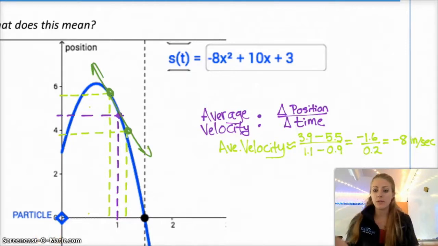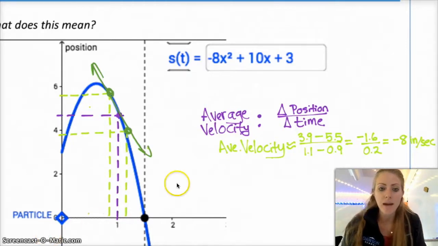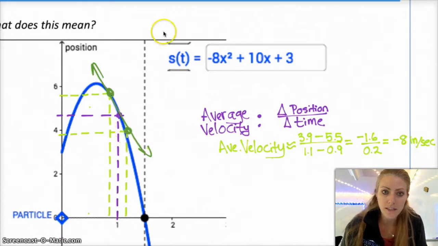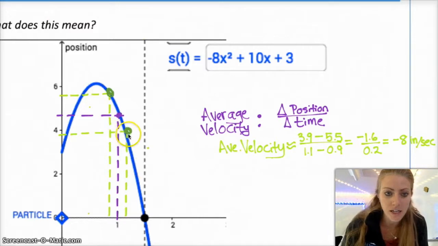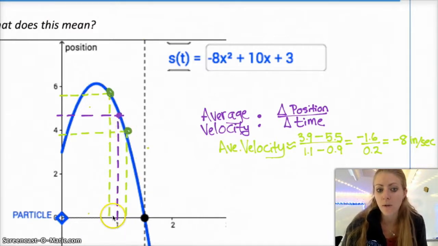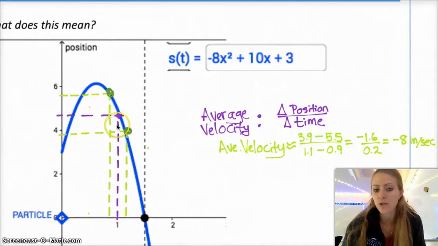So the idea is with instantaneous velocity, I'm bringing these points closer and closer to the point I'm actually interested in. So the next one, maybe I do 0.999 and 1.0001, right, on either side, and I will get closer and closer to that average velocity.